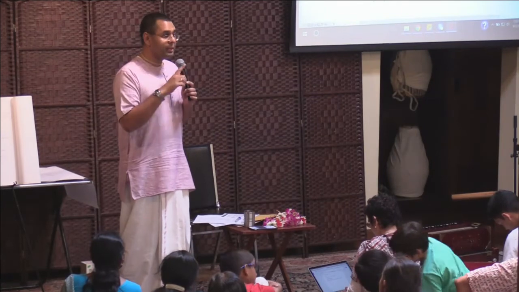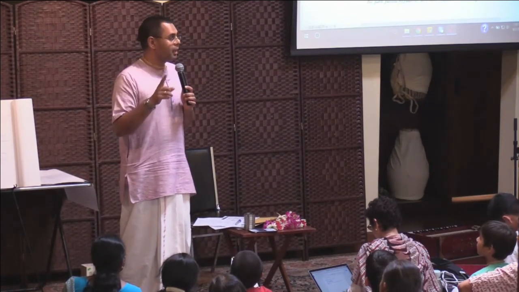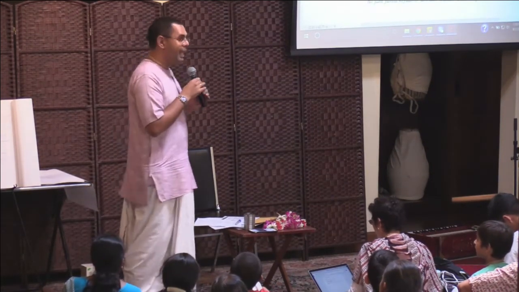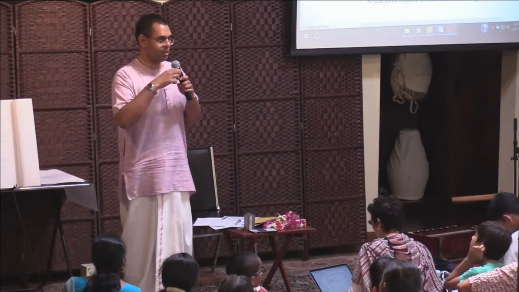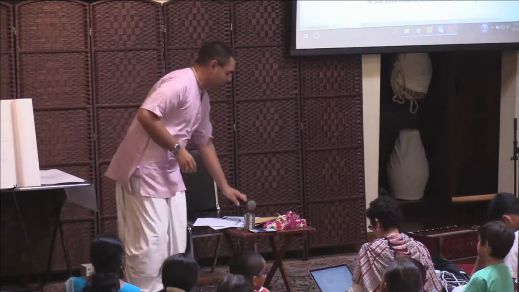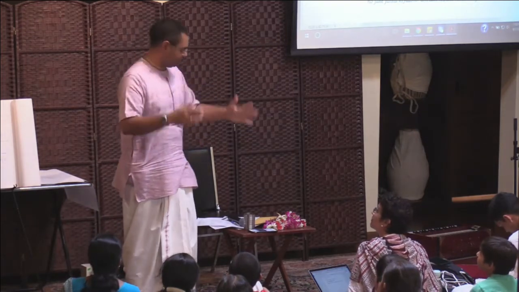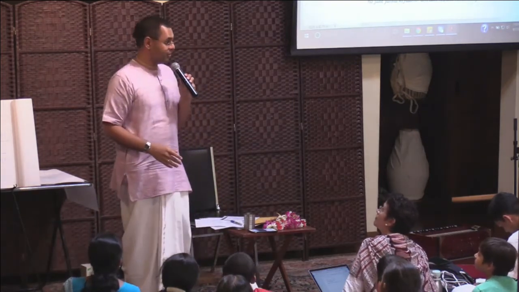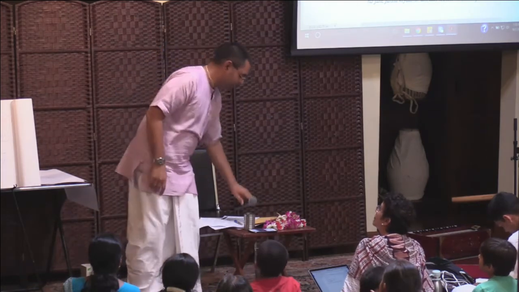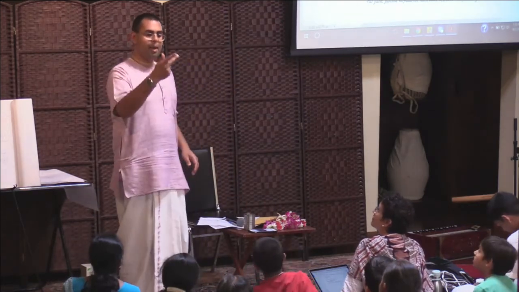One more example. This verse, Na dhanam na janam na sundarim kavitam va jagadisha kamaye. Count the number of syllables in the verse. The first line: Na dhanam na janam na sundarim. Okay? 10 syllables, right? Now count the second one.